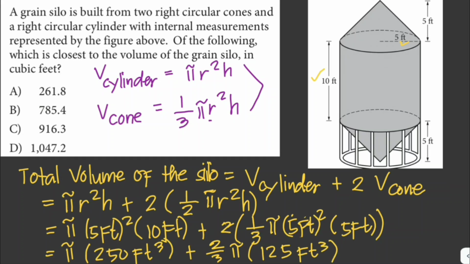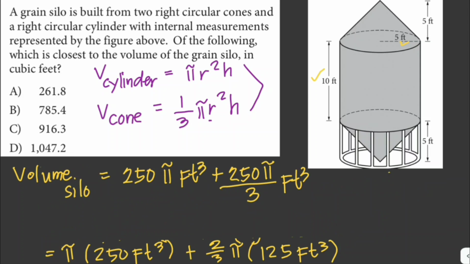Simplifying this further, we have 250 pi cubic feet plus 250 over 3 pi cubic feet.